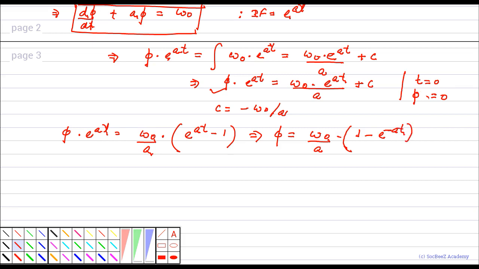So this is the expression of the angular displacement as a function of time.